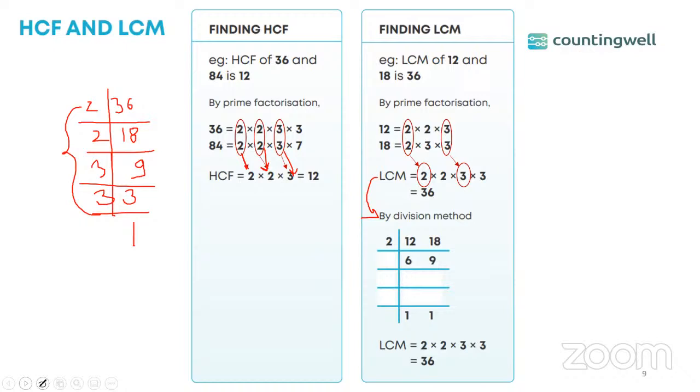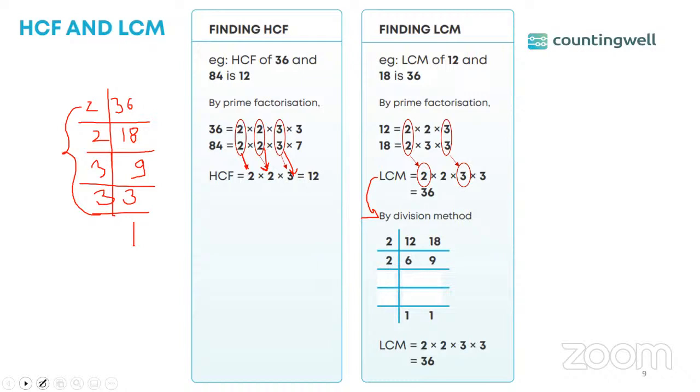Then we find a number which exactly divides 6 and 9. In this case, we have no common number which divides both 6 and 9. So we will find a number which divides 6. You can also take 3 here. But since 2 is less than 3, we'll take 2 first.